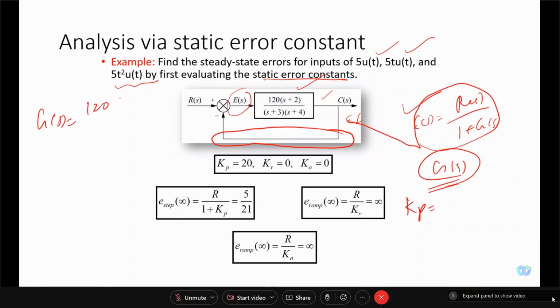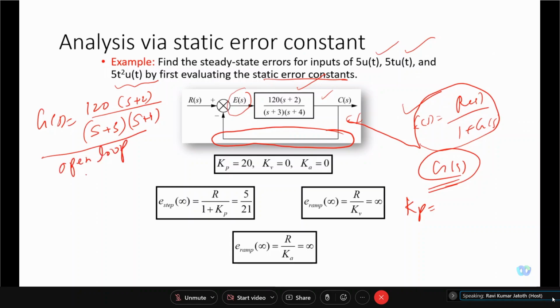Type 2, sir? No, type 0, sorry. It is a type 0 system and a second order system. So this is the open loop response.